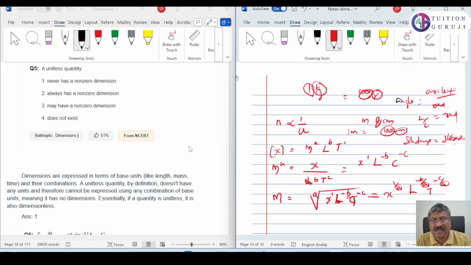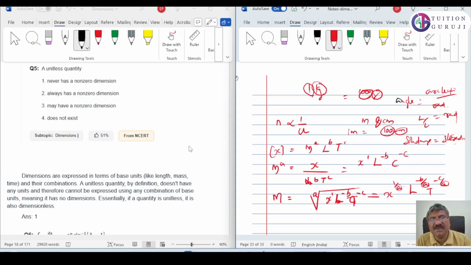Normally length, mass and time, or other base units can also be used if applicable. But when it is a unitless quantity, it does not have any units at all, and therefore it cannot be expressed in terms of any combination of base units. That means it cannot have any dimensions.